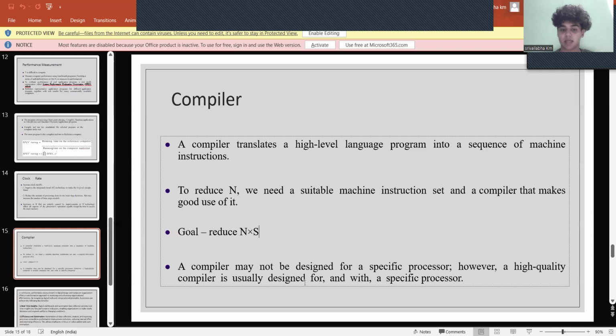However, a high quality compiler is usually designed for a specific processor. If the compiler is of good quality, it can translate any language into machine language perfectly for a specific processor, and then it can be used.